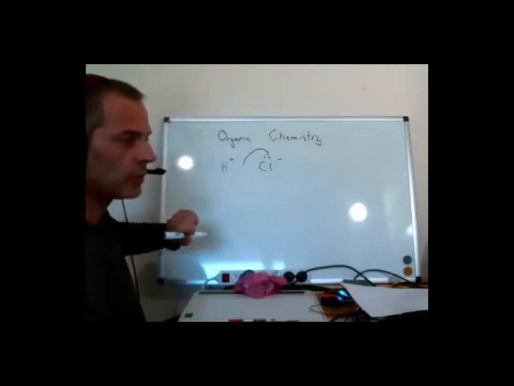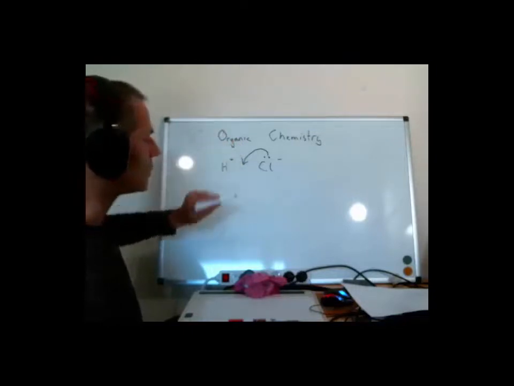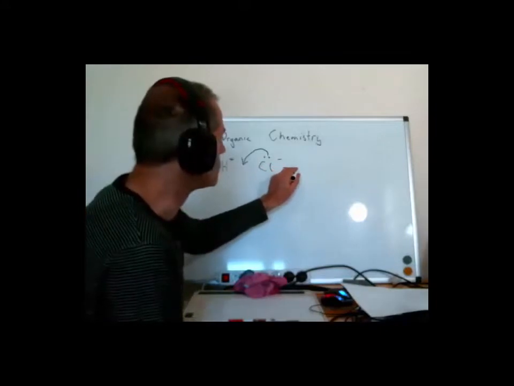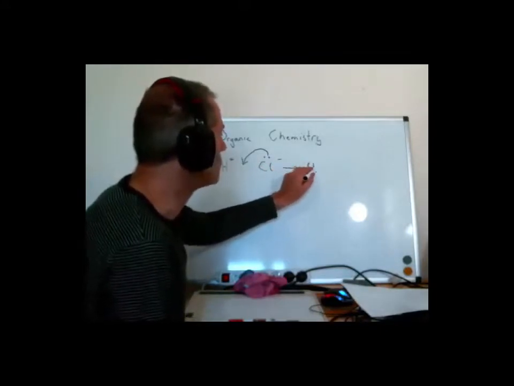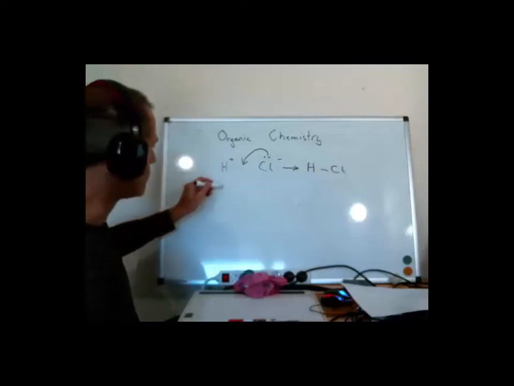We need to draw an arrow to show the electrons moving, and the arrow has one arm for each electron. So we have two electrons moving into the bond, which goes to HCl.